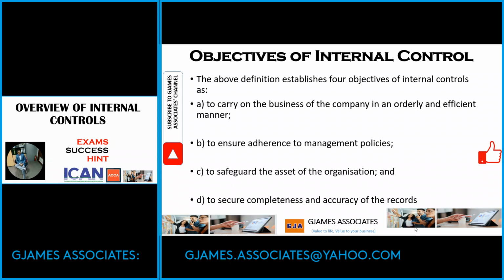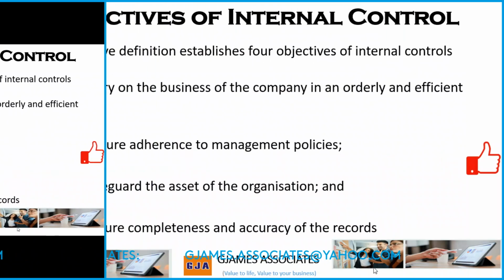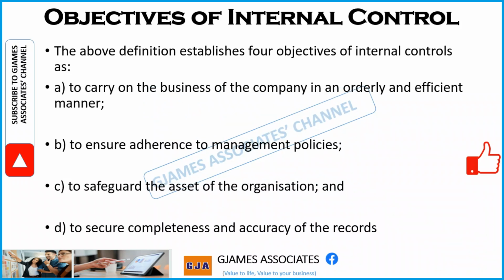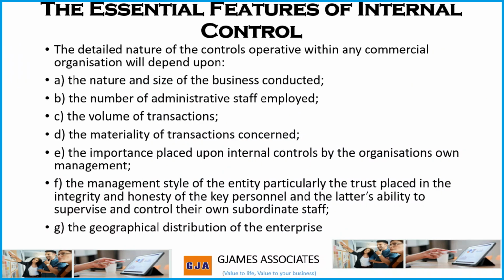So this is the essence of the objective of internal control systems. So let us move on right about now to the other aspects that we are to touch on.